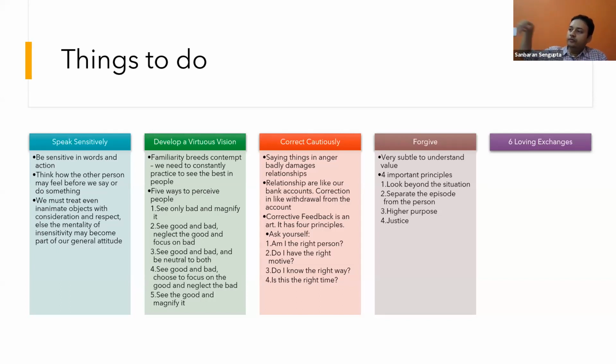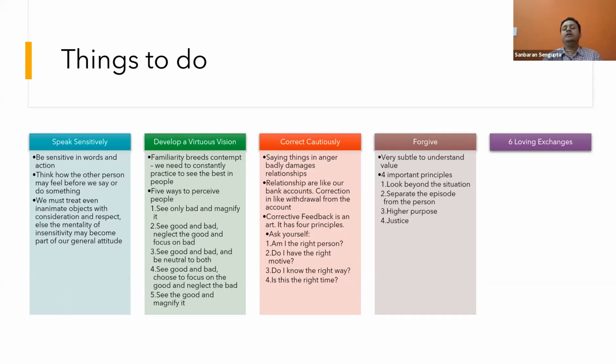So just don't focus on that particular situation. Look beyond it and see that, okay, this person is a good person, but because he is not in the right frame of mind, he's acting in this way. So let's look behind the situation and forgive him for this time. He's generally very good. First point. Second thing, separate the episode from the person.